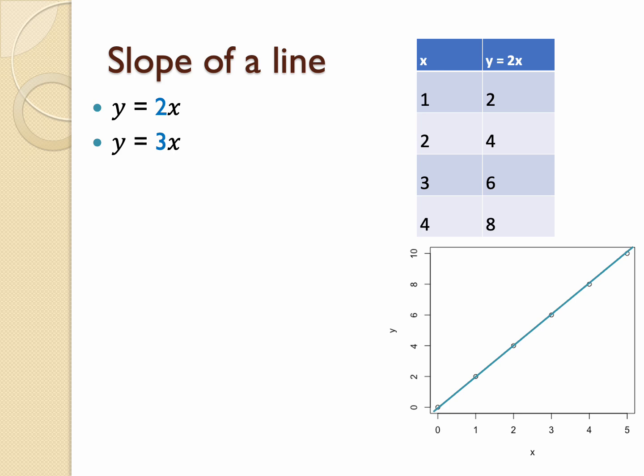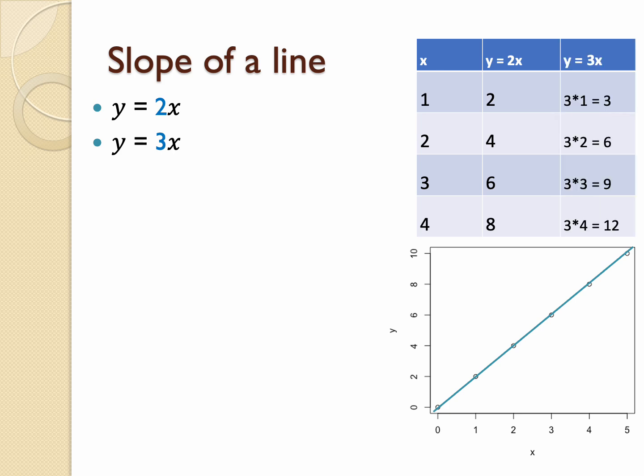For x, we reuse the same old values 1, 2, 3, 4, and correspondingly we evaluate the values of y. So here they are. You can pause the video and evaluate yourself that the values of y have now grown bigger, as we would expect, because y is now 3 times x, not 2 times x. So when we draw the line, it looks like this.